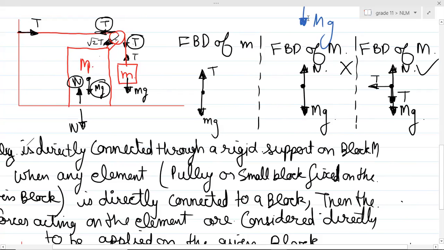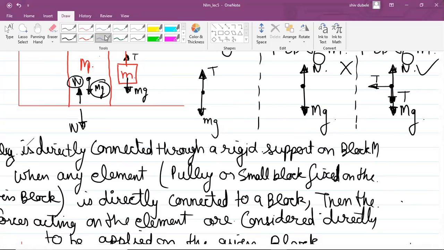So this T is acting on small m. Can you see this tension is acting on small m? Are you getting my point? The upwards and downwards only. So I'll draw it with a different color. The tension and mg which is acting on small m is marked with blue.